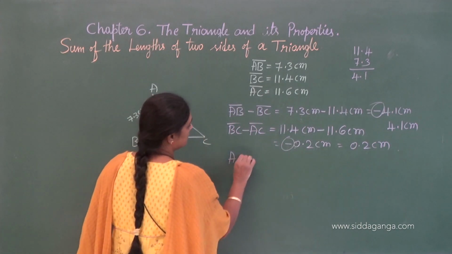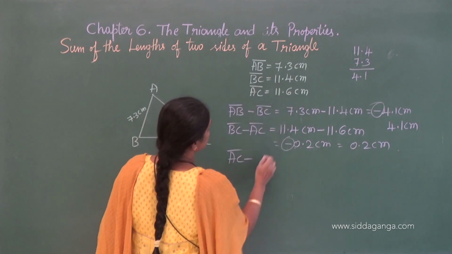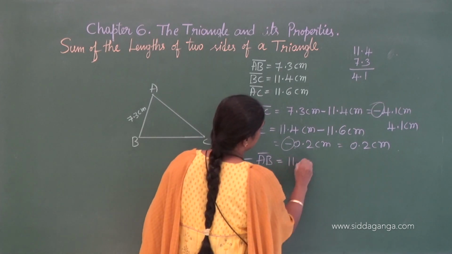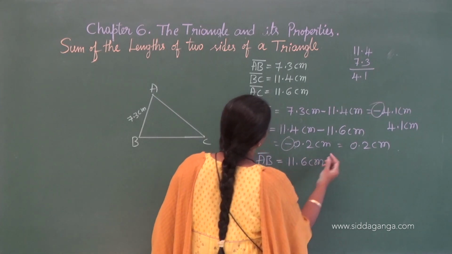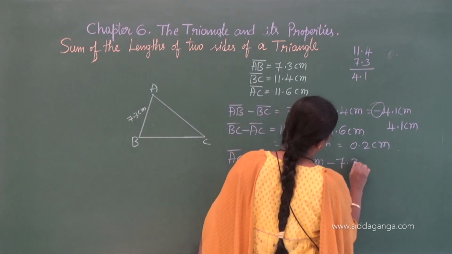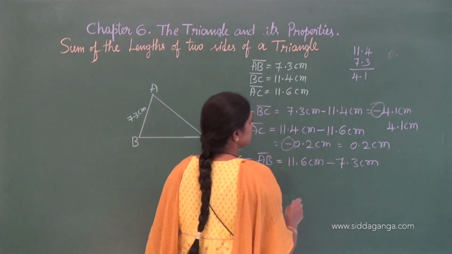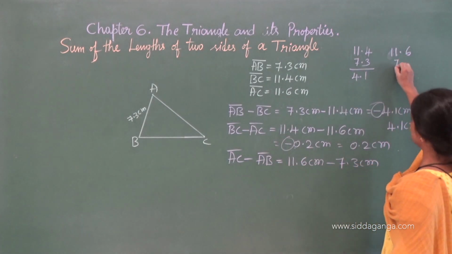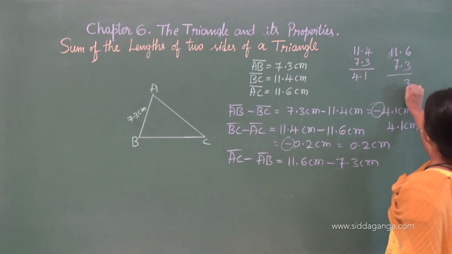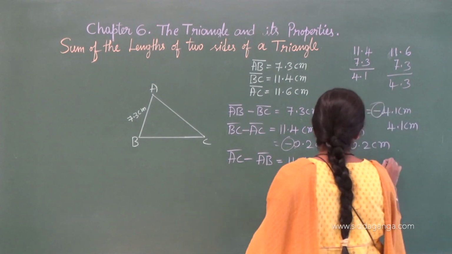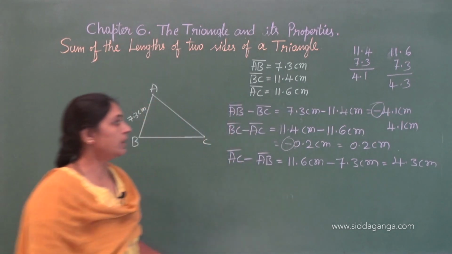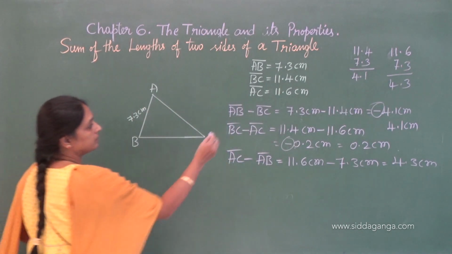Then consider AC minus AB, that is equal to 11.6 centimeter minus 7.3 centimeter. So here 11.6 minus 7.3, then it is 4.3 centimeter.